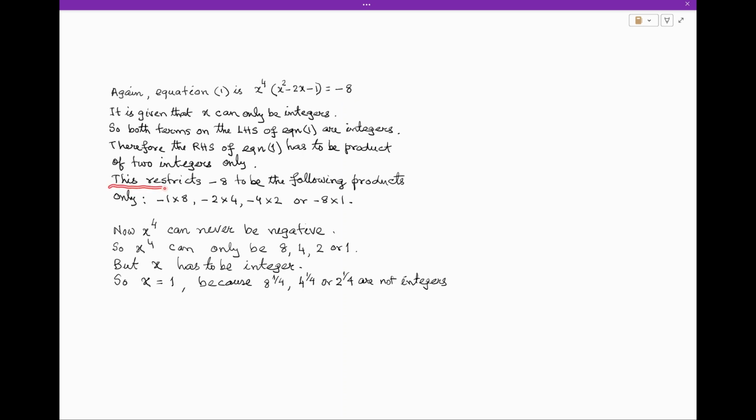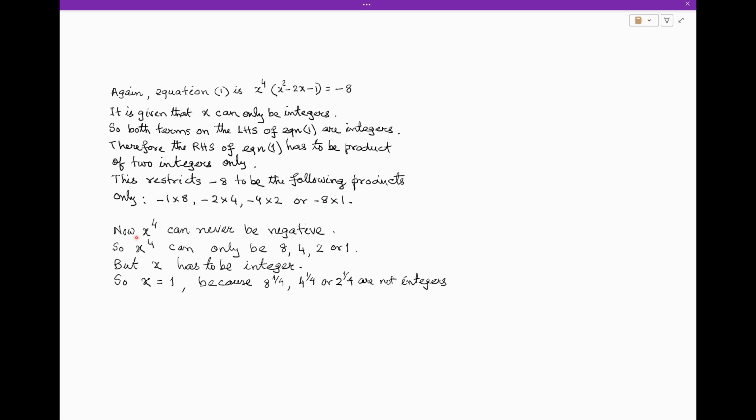This restricts minus 8 to be the following products only, that is minus 1 multiplied by 8, or minus 2 multiplied by 4, or minus 4 multiplied by 2, or minus 8 multiplied by 1.